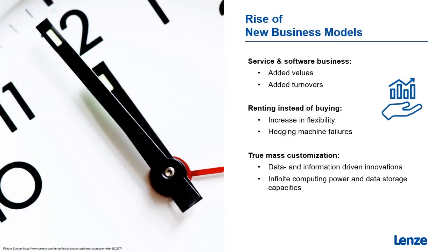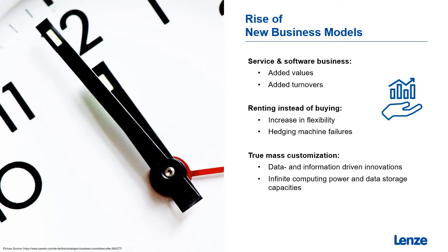So with all of that, over the last years we've seen a lot of new business models coming up, and especially service and software businesses are changing the typical business models a lot, because with software and services you can add additional value.